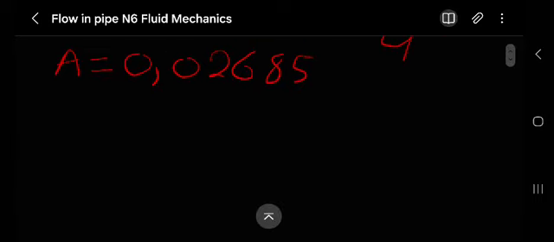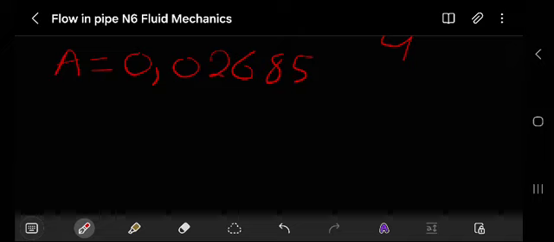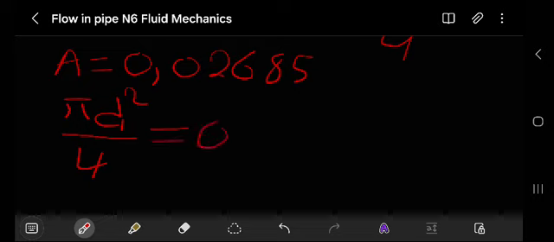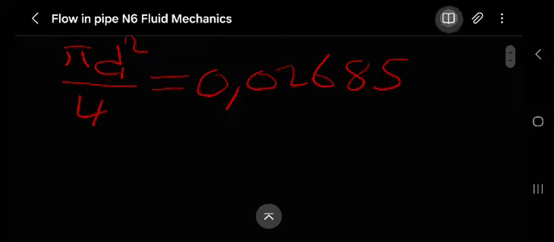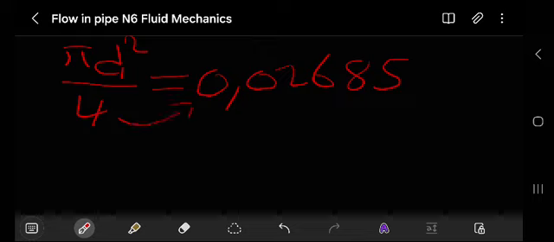Since we want the diameter, we know that area is given by pi d squared over 4, which is equal to 0.02685. We make d the subject of the formula: multiply by 4 on that side, divide by pi and take the square root.